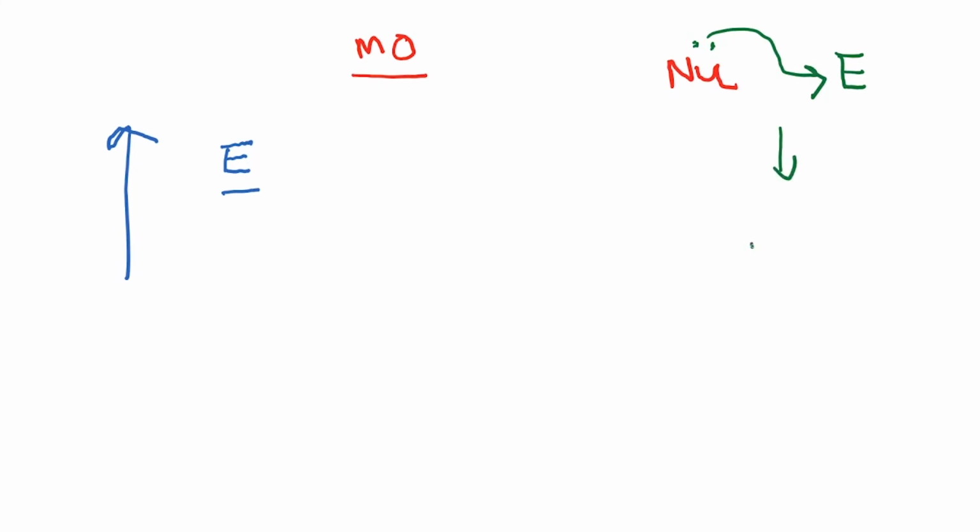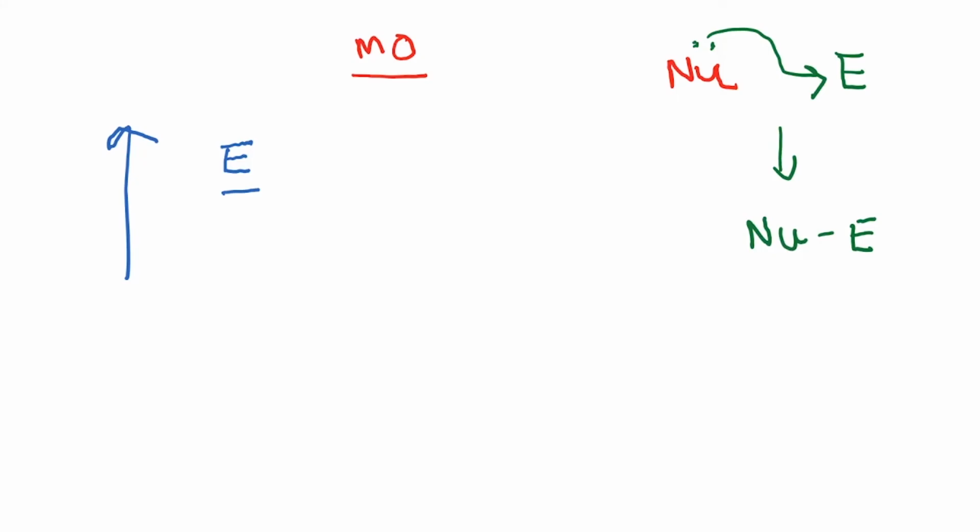If we were to generate an energy profile diagram, an electrophile, which I'm going to call E, has a particular energy level such as this. If you recall, a nucleophile and an electrophile react in the following manner. E is over here, and there's either a pair of electrons or a negative charge attacking the electrophile. E can be E plus or a neutral electrophile, and that's going to give you a new bond between Nu and E, and there's going to be a charge involved here.